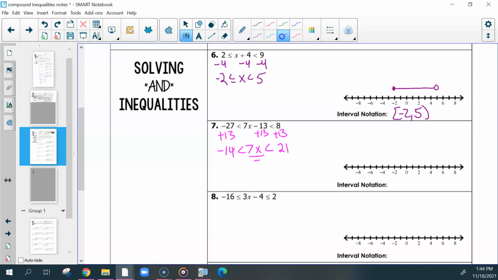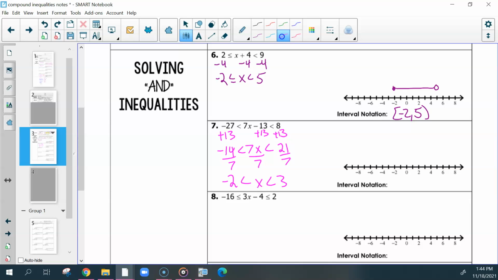Then I'm going to divide both sides by 7. So this is where it gets a little tricky, not in this problem per se, but later when you get negative coefficients, your signs are going to change direction. So be mindful of those. So this would become -2 is less than x, which is less than 3.